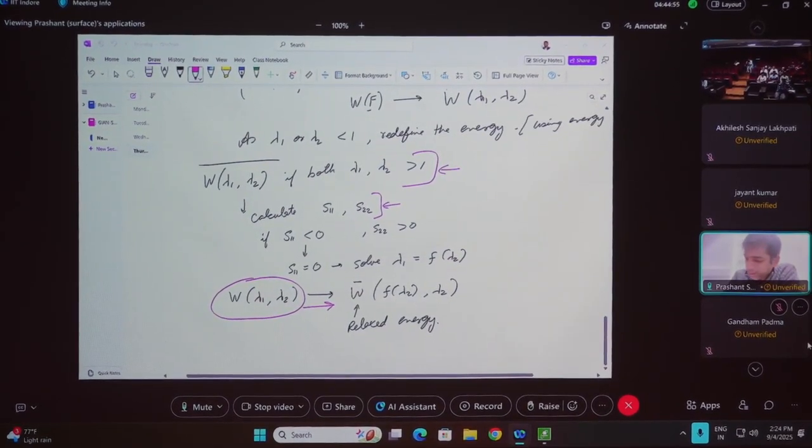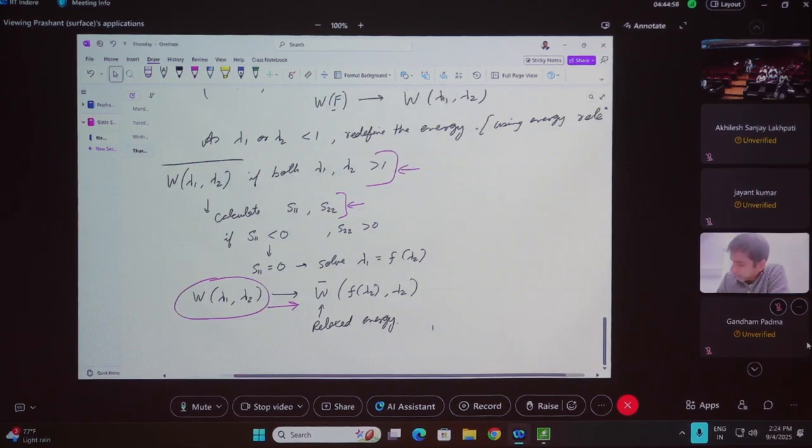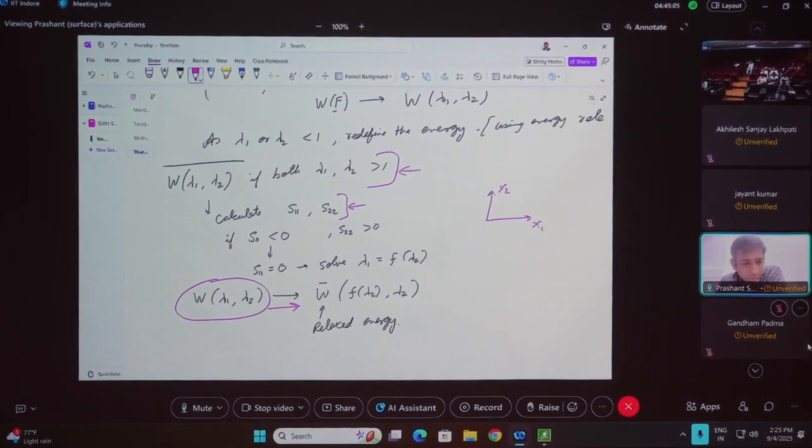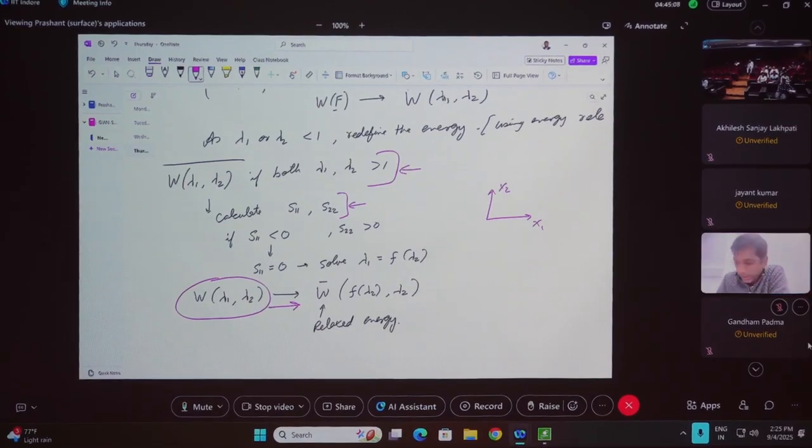So clearly in this case, let's say if this was your x1 direction and this was your x2 direction, and the stresses along x1 are going to be 0, then you can expect that the wrinkles would be aligned like this. Because there is no resistance along the x1 direction, you'll get wrinkles which will be aligned along x2, but the waviness would be in the direction of x1.